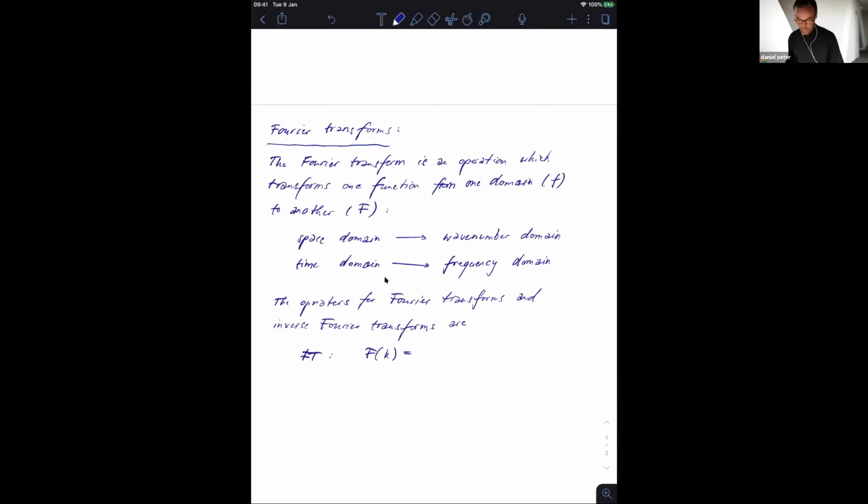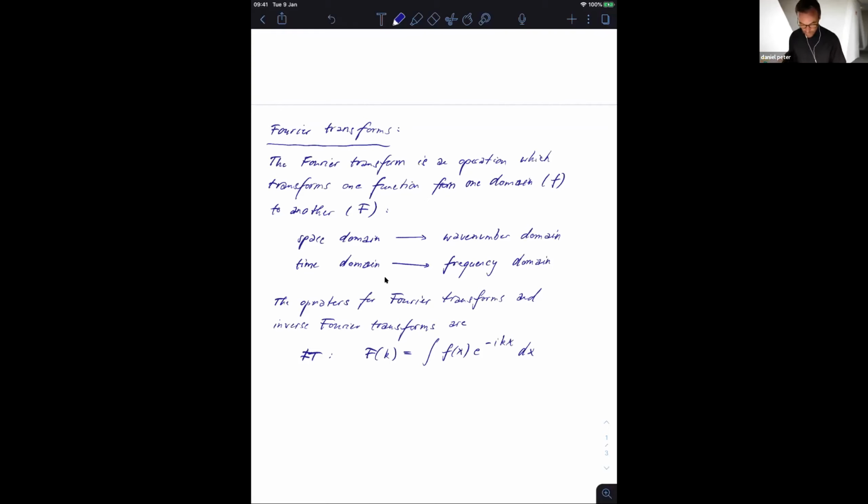Now that's our function in the wave number domain. It is this integral of our function in the space domain, f of x times e to the minus ikx, integrated over x. That would be the Fourier transform. That brings us from a space domain function f of x to a wave number domain function F of k.